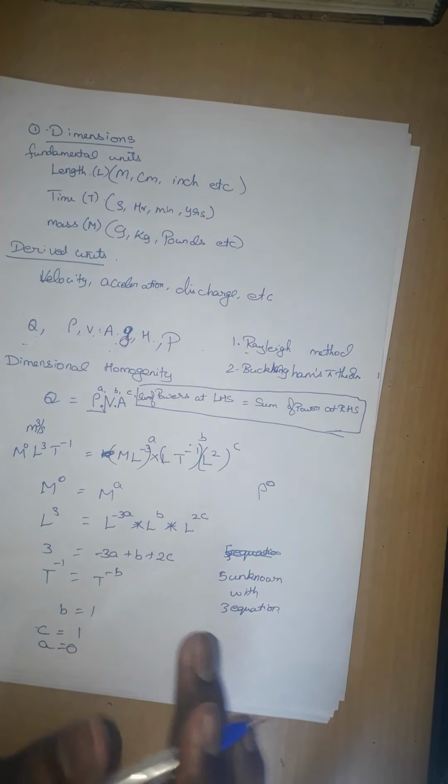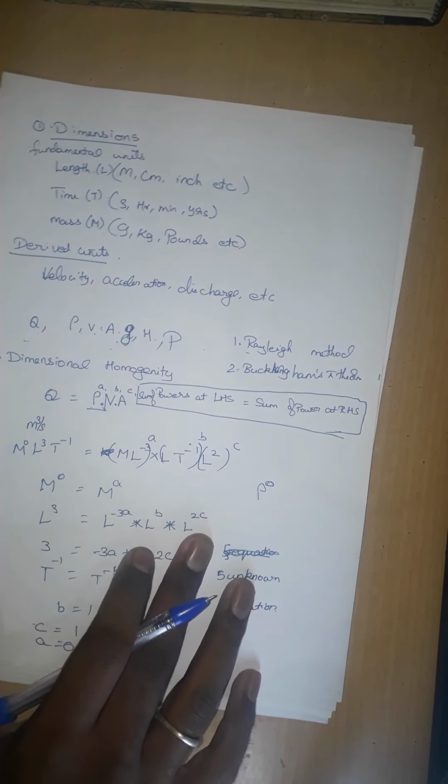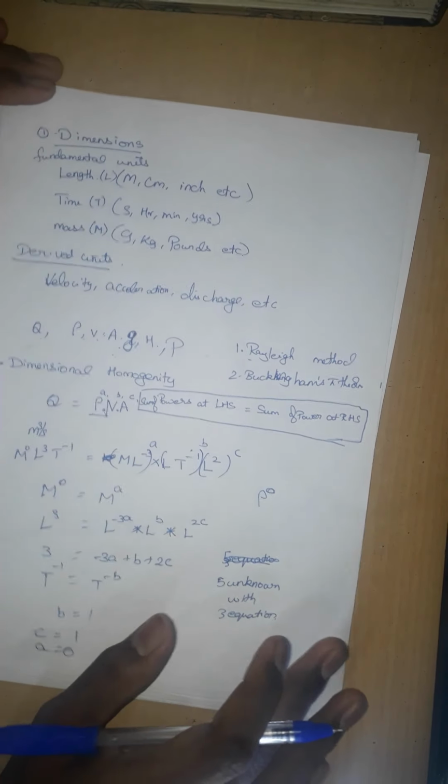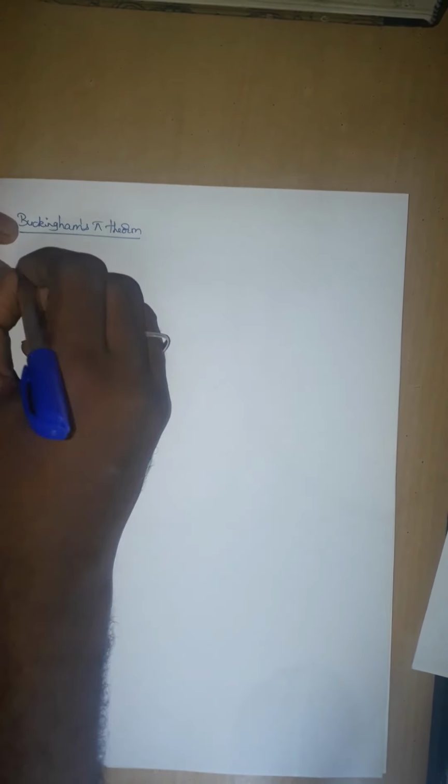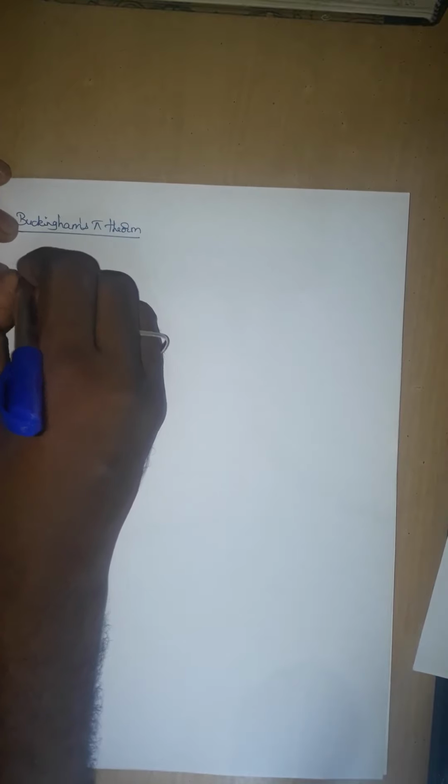So in order to reduce this complexity, we will be using Buckingham's pi theorem. Buckingham's pi theorem is an extension of the Rayleigh method, and it also uses Rayleigh's method to solve and find the dimensional analysis between them. The Buckingham's pi theorem involves 5 steps.